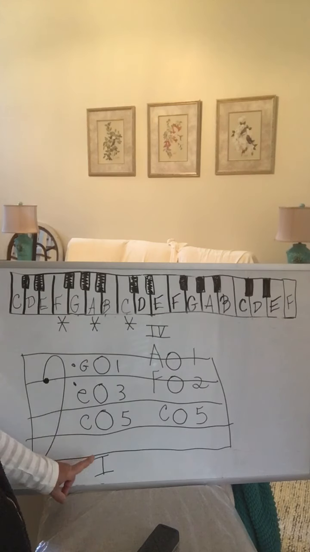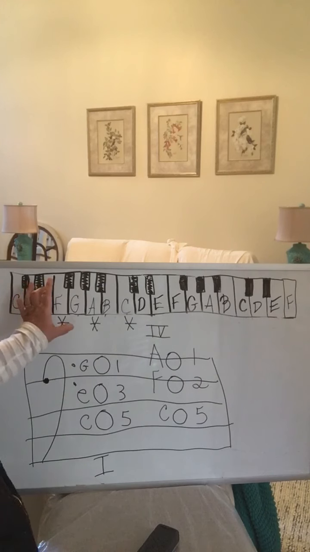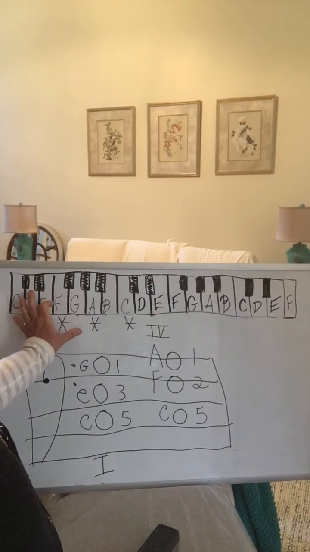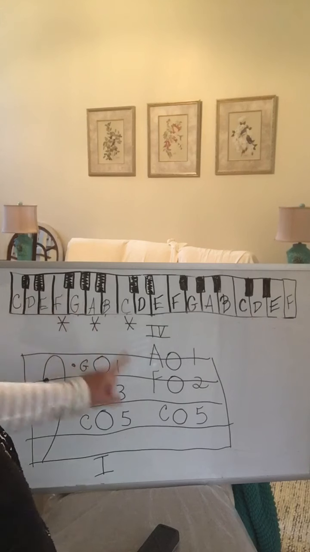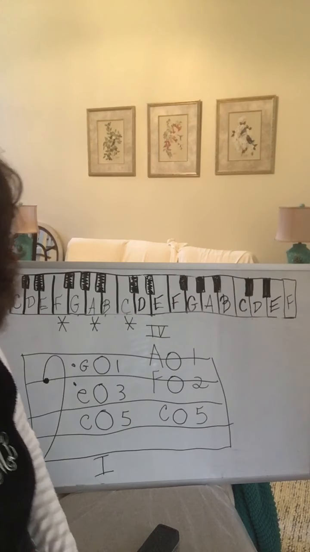So now we have a 1 chord, C, E, and G. We have a C, F, and A chord, which makes up our number 4 chord. And we only have one more that we're talking about today.